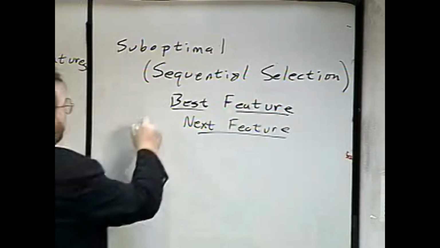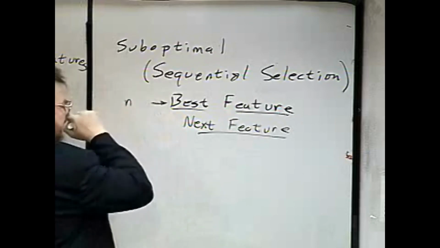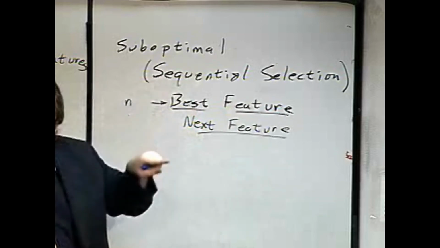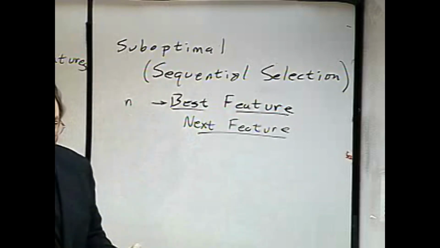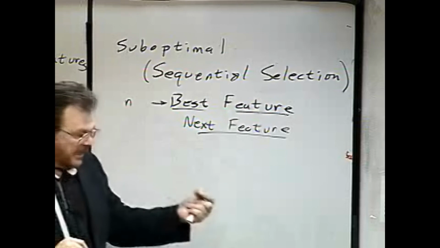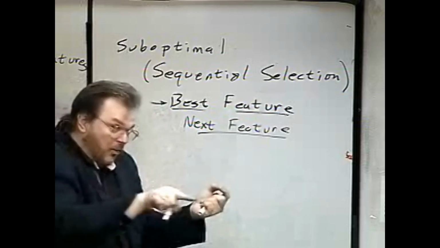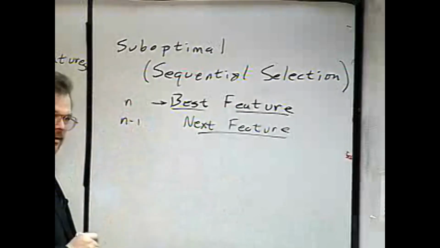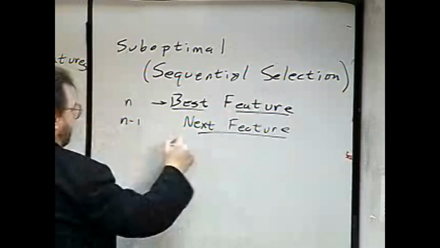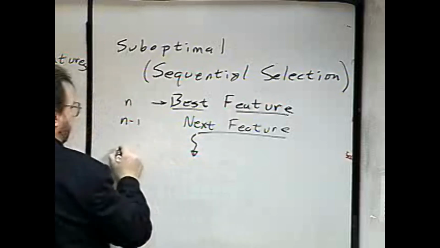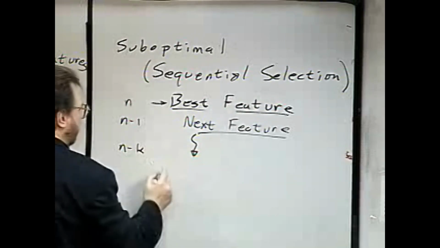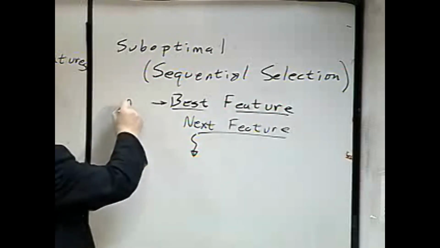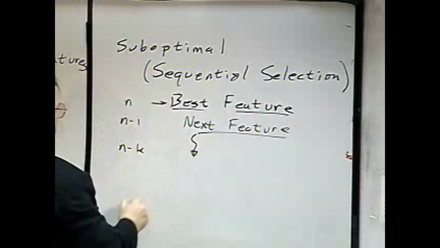So if you have n features, you have to do n searches here, because you have to search through them one at a time and choose the best one. Once you've chosen the best one, you put that on the side, and then you look at how each one of the remaining ones plays with that one. So there's n minus 1 here. And so if you're choosing k features, down here you're going to get n minus k, so the total number of searches is, at most, the product of these.